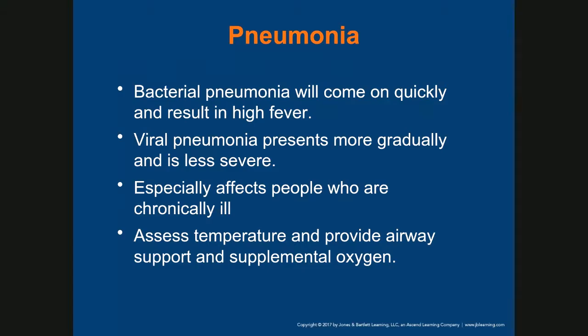It especially affects people who are chronically ill, right? And usually it is stemming from something. Usually they had something before and they're recovering and they develop an infection. Assess temperature and provide airway support and supplemental oxygen.